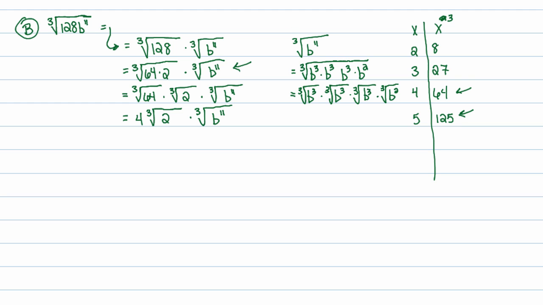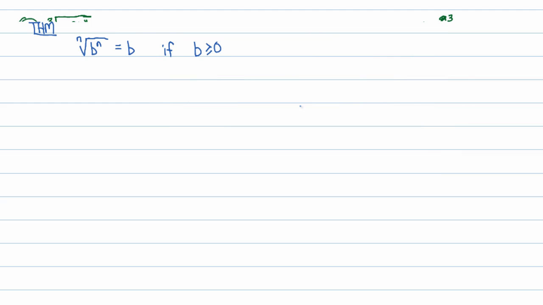And of course, the cube root of b cubed, well, that's kind of nice. We have a theorem concerning that. Let me go ahead and show you. The nth root of b to the nth power is equal to b as long as b is positive or 0. There's more to this theorem we'll discuss later, but basically the nth root undoes the nth power, as long as your base is positive, and we made one assumption with this problem.